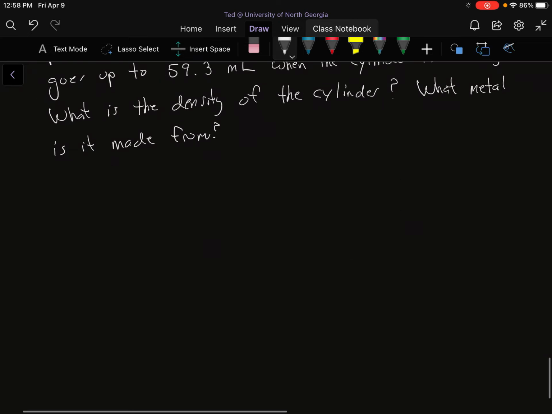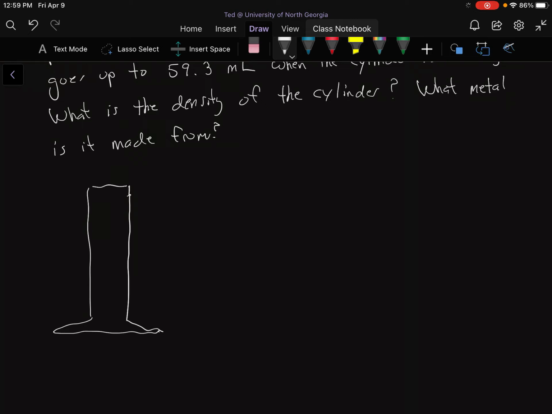Okay, so I want to maybe draw a couple pictures to make sure it is clear what's being asked. A graduated cylinder is one of these things that has little milliliter markings on it. What we were told is that initially it was filled up to the 50 milliliter mark.